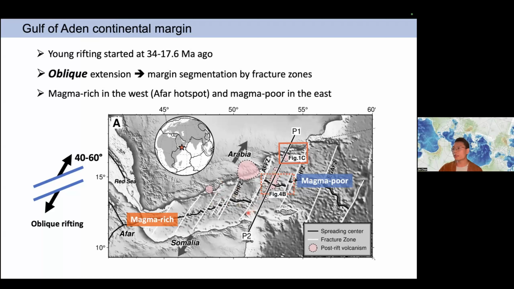In the west, it is a magma-rich continental margin because of interaction with the Afar hotspot, and to the east, it becomes magma-poor. This red box is our study area.